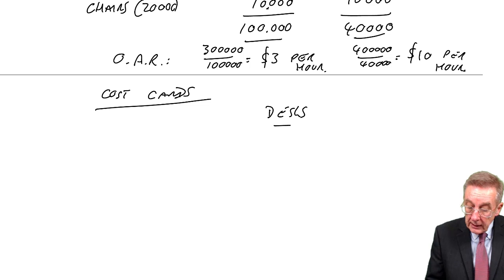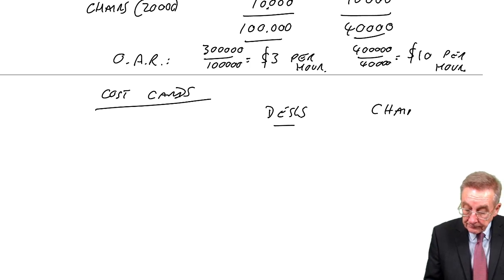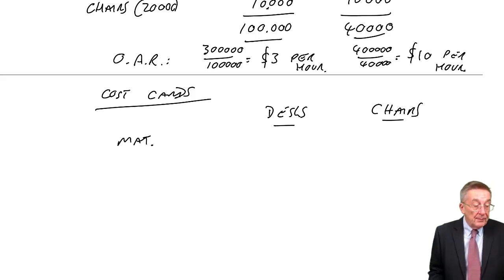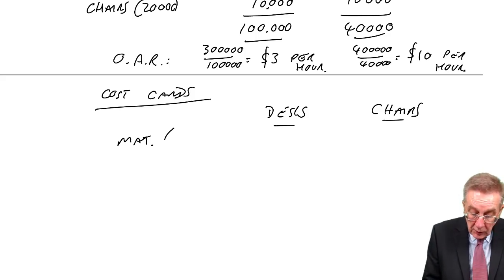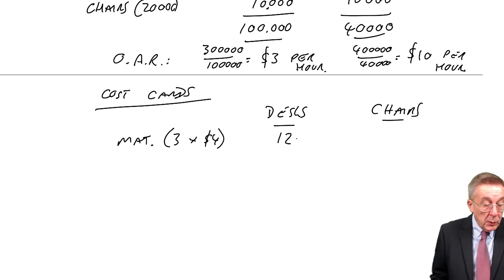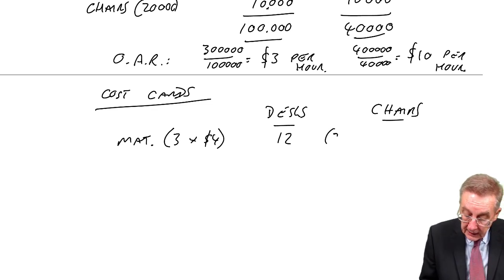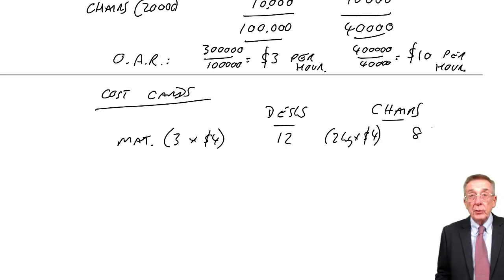Desks, chairs. Material, well, as before, 3 kilos of wood, $4 a kilo, so desks are 12. Chairs, 2 kilos, $4 a kilo, 8. Exactly as before.